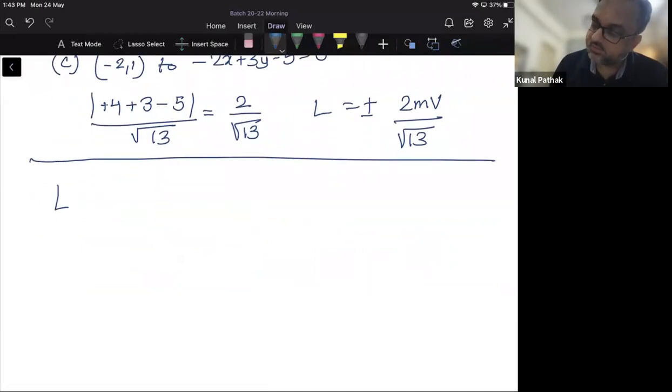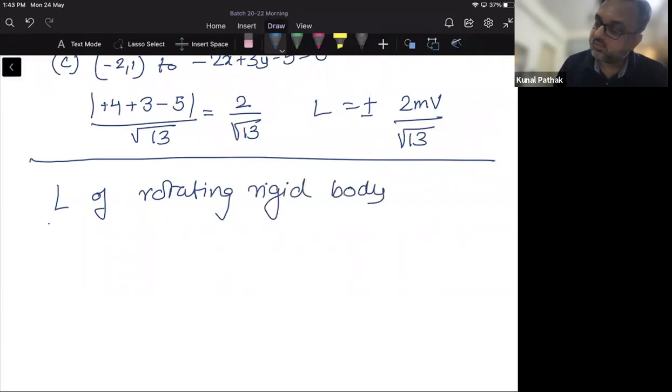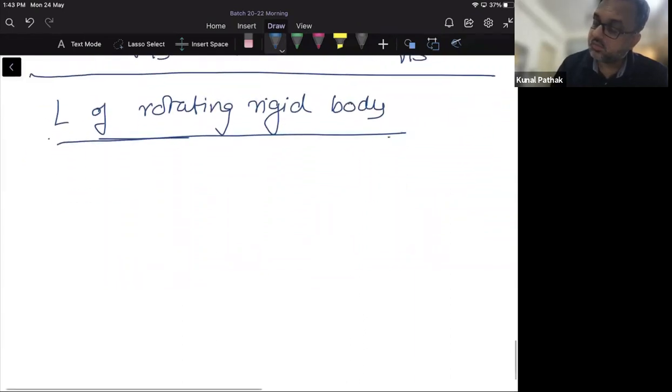Angular momentum of a rotating rigid body. Very, very simple.